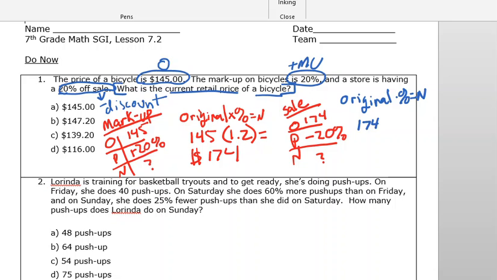And since it's 20% off, I'm paying 80%. That's 0.8. 174 times 0.8 is going to give me 139.20. All right, so my cost here is 139.20.